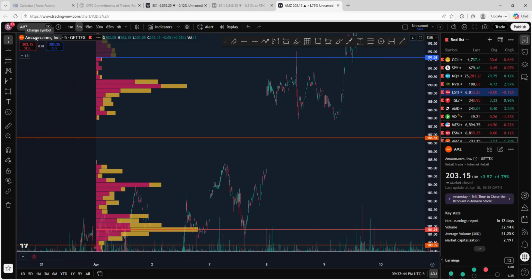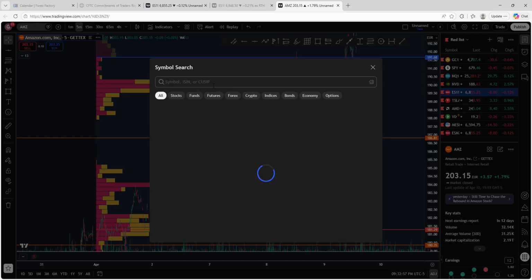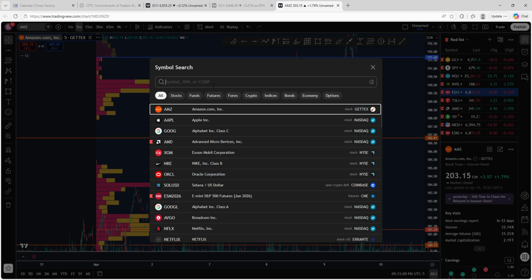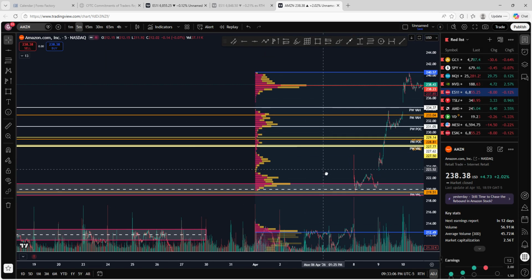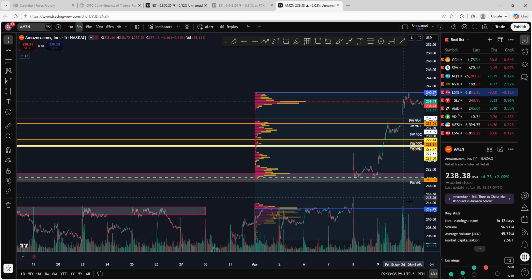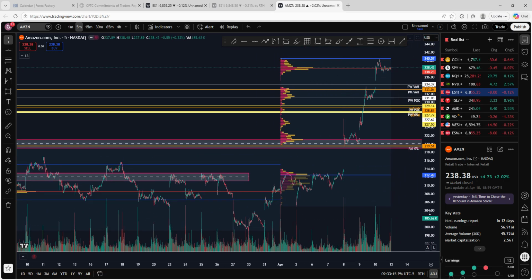Yeah, this doesn't look right. Amazon's like up top. Let me see here. What's the ticker symbol for that? NASDAQ. Okay, well, I have charted it then. I thought I had charted this before.